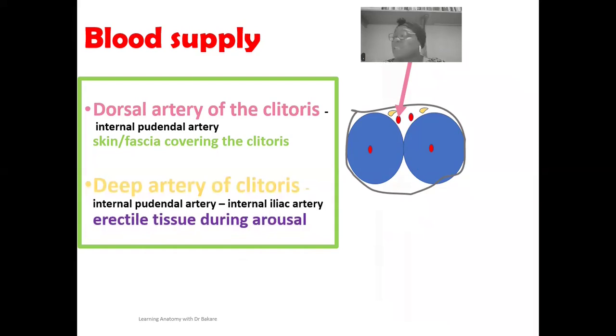We know that the internal pudendal artery is an emergence from the anterior trunk of the internal iliac artery. This deep artery of the clitoris is what is arrowed here in yellow. And this artery is seen to supply the erectile tissue of the clitoris. And these tissues, of course, are needed to be supplied with blood during arousal. So it is this deep artery of the clitoris that provides supply for this structure.